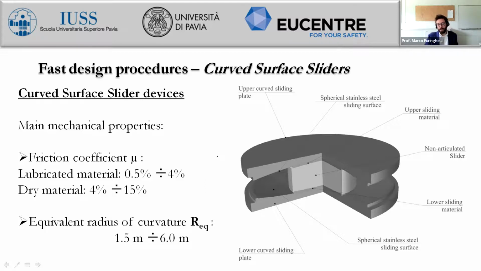And these are the main characteristics for lubricated and dry materials. We have very low friction coefficient values, from 0.5% up to 4%, for lubricated materials. For dry materials, we are bounded between 4% and 15%.